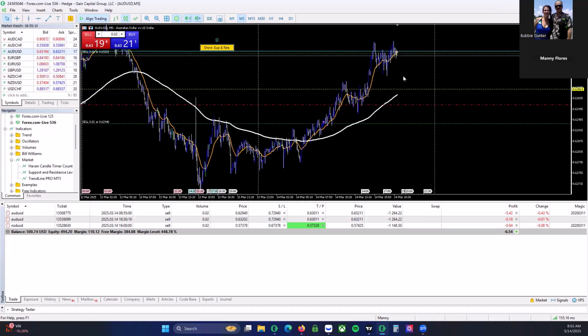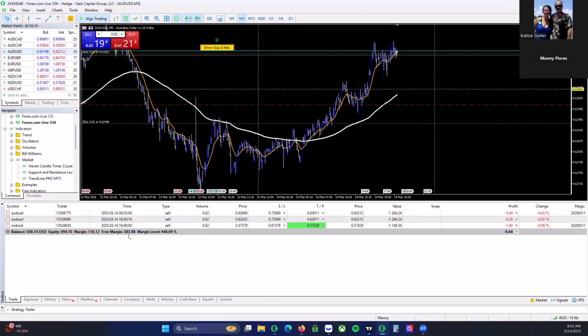Oh, one last thing before we end the session, just to be sure. This right here is what I look out for, or is it this right at the margin? The free margin is what I look out for. See, right now you got 380 free margin. Before you bought that, you had 420.